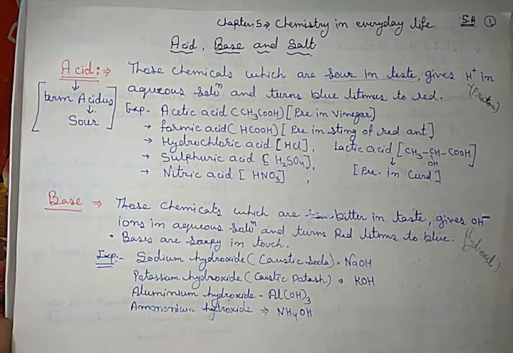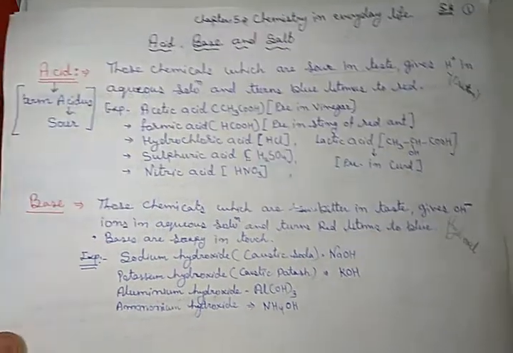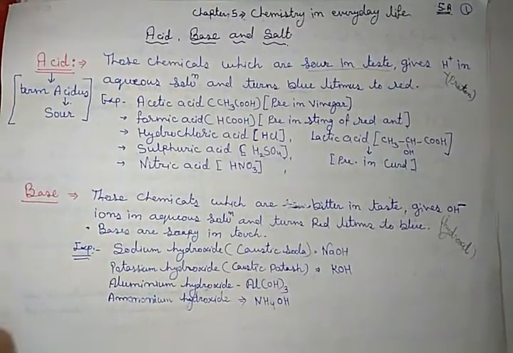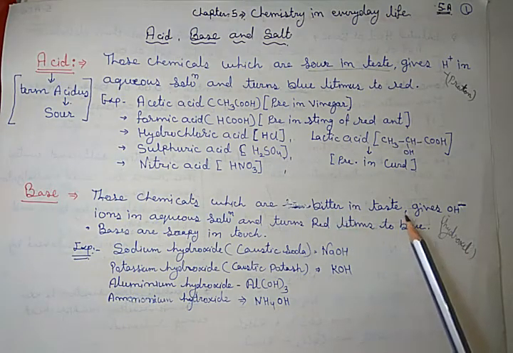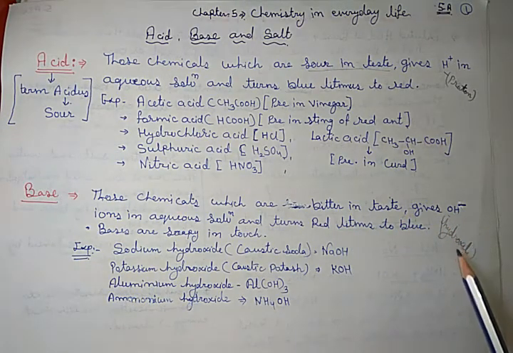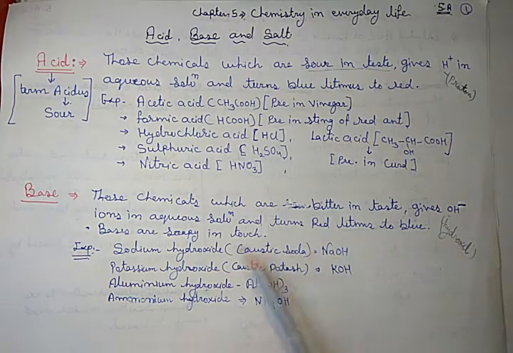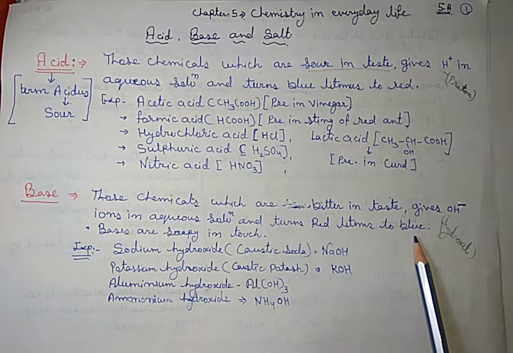Now, what is a base? Like acid, we can define base by three properties. Bases are bitter in taste, give OH- ion, that is hydroxyl ions, in their aqueous solutions, and turn red litmus to blue.